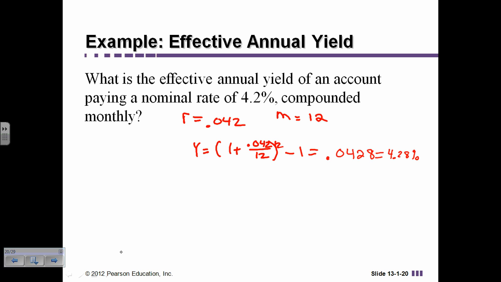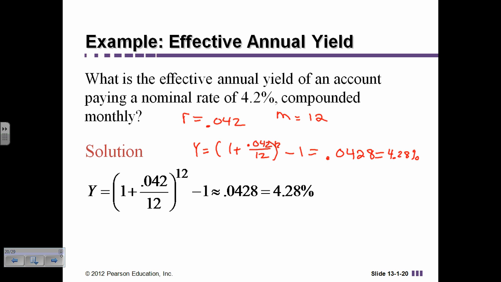We're not calculating the amount of interest every month. We're just calculating the interest one time and producing an amount. So the 4.28% would be how much interest you would have to be paid if you wanted to get the same annual yield, the same future value at the end of the loan, as you would if it were compounded monthly.